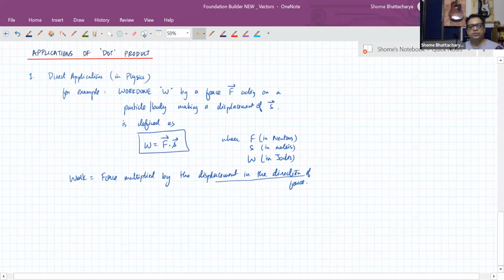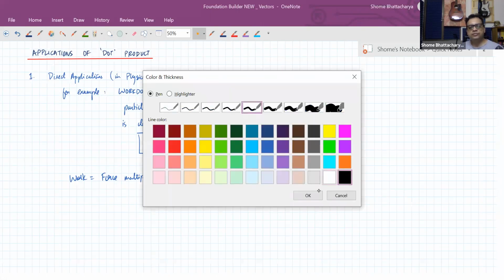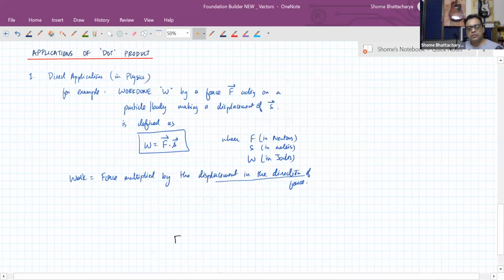Because suppose we are applying a force on a body like this. We are applying the force in this sort of direction. Okay. We are applying a force like this, but the body is actually moving in some strange kind of way.